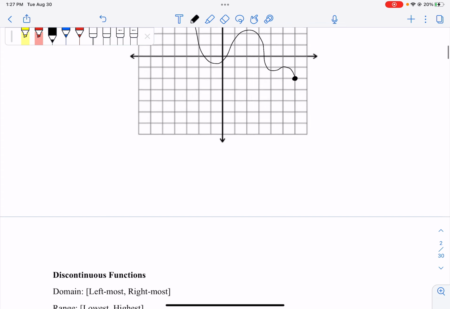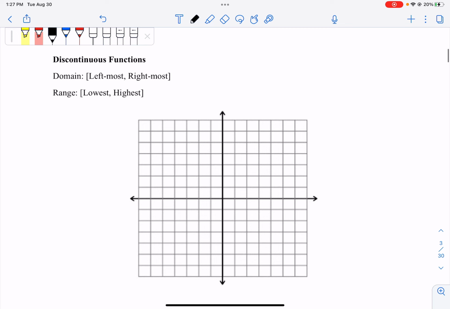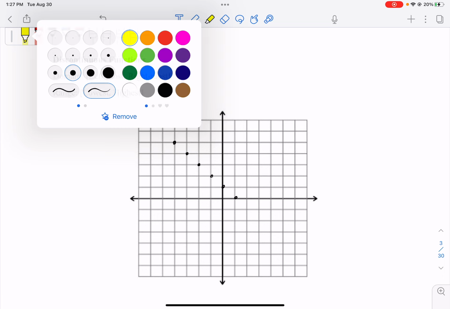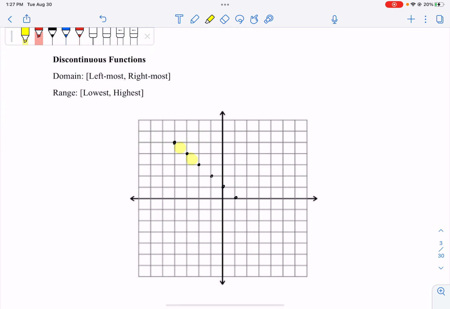All right, for the very basics of a discontinuous function, these are fairly easy. If we look at all these points over here, these are all discontinuous points because there's a bunch of different holes. If I were to draw this out over here, if you notice, there's a hole in between this, here, here, here, here. So we wouldn't have the less than or equal to or greater than or equal to, stuff like that. We would just say, our domain, what are all the possible values of x?